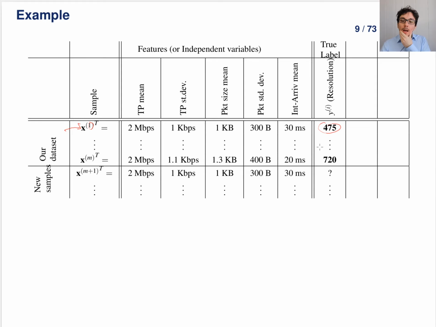So how can we know already these labels? Well, there are basically two ways. Either you set up an experiment in the lab, so you established that your clients are going to download first resolution 475, then resolution 720, etc. So you know these labels in advance.